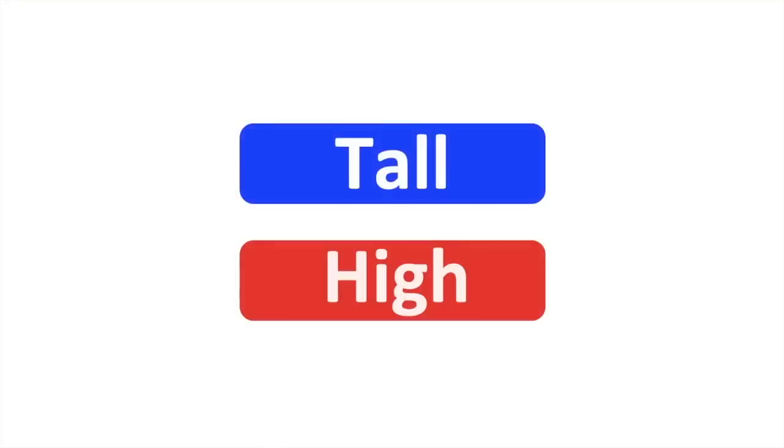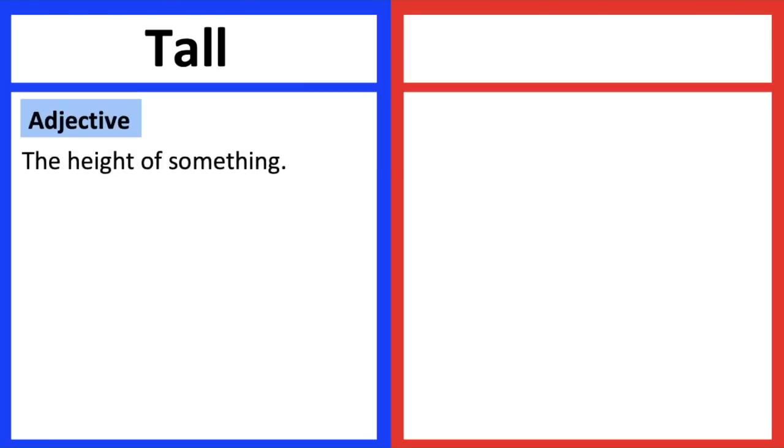Tall, high. Tall. Tall is an adjective and it refers to the height of something. So this is the vertical length of something that's usually standing, and the length is above average.